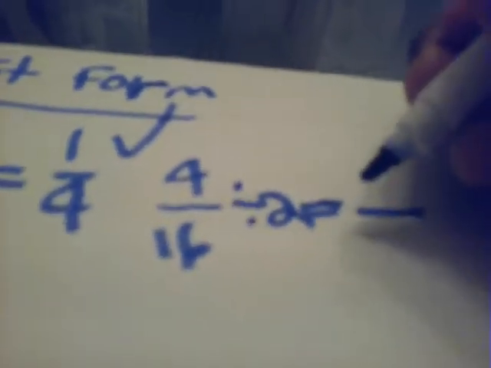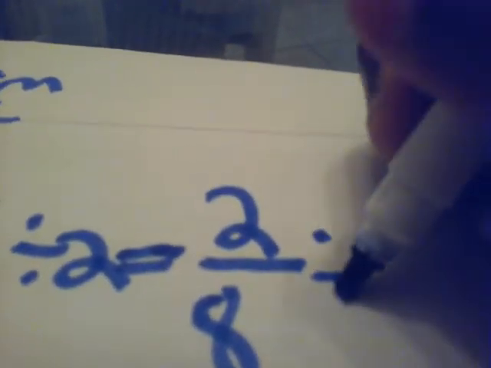Let's say you did not divide by 4, and you divided by 2. 16 divided by 2 is 8, and 4 divided by 2 is 2. This is still not the simplest form, so we have to divide again by 2. 2 divided by 2 equals 1, and 8 divided by 2 is 4. 1/4. So that is the simplest form.